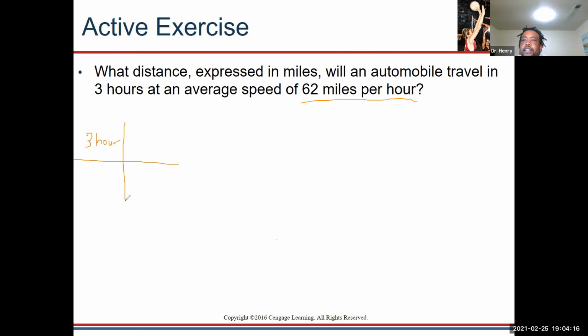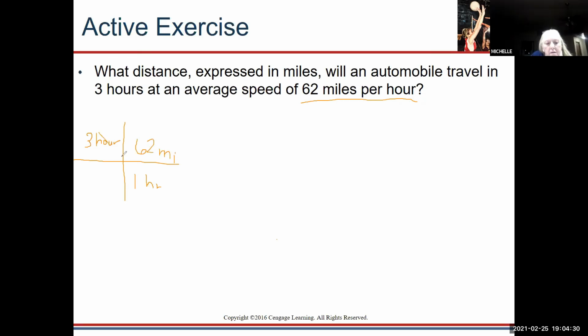Then if we wanted to calculate our distance, what are we going to use? 1 hour is 62 miles. So that means hours cancel out, and we're left with miles, which is distance. Yes, so distance is what we want. Correct.